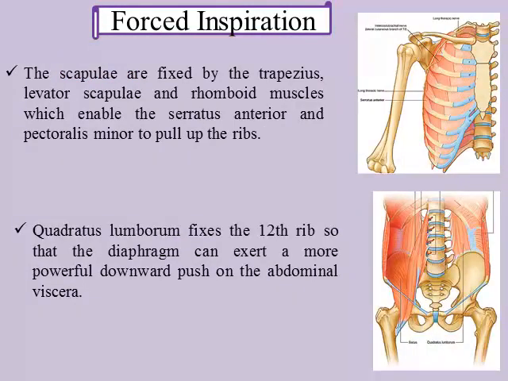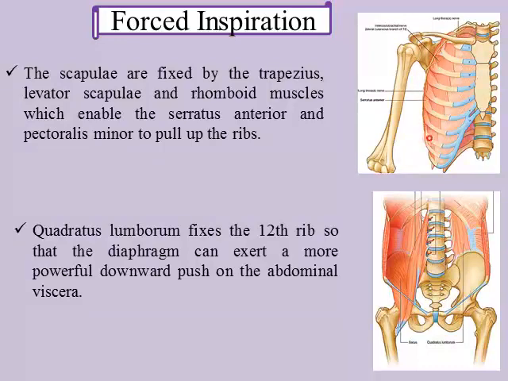Action of the muscles of the thorax. We almost mentioned all of them. The external intercostal was the elevator of the rib due to its fibers' direction, downward and forward. So they are elevators. The ribs elevate during inspiration. The internal and the innermost are in the opposite direction, so they depress the ribs.